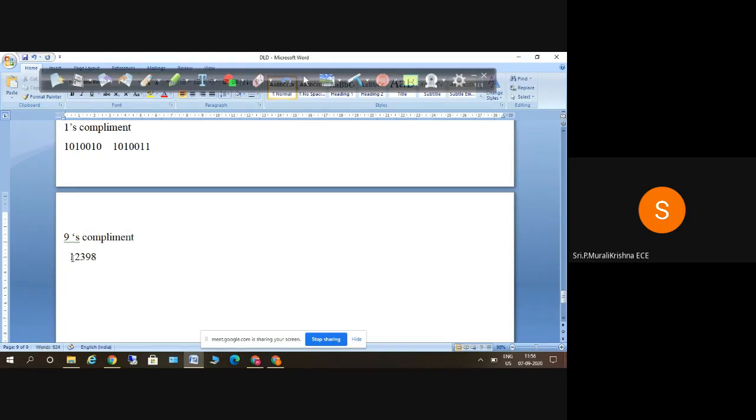So what I can do here is subtract 1 2 3 9 8 from the five 9's. So what is the answer I get here? 87601, sir. 87601. So this is the 9's complement.